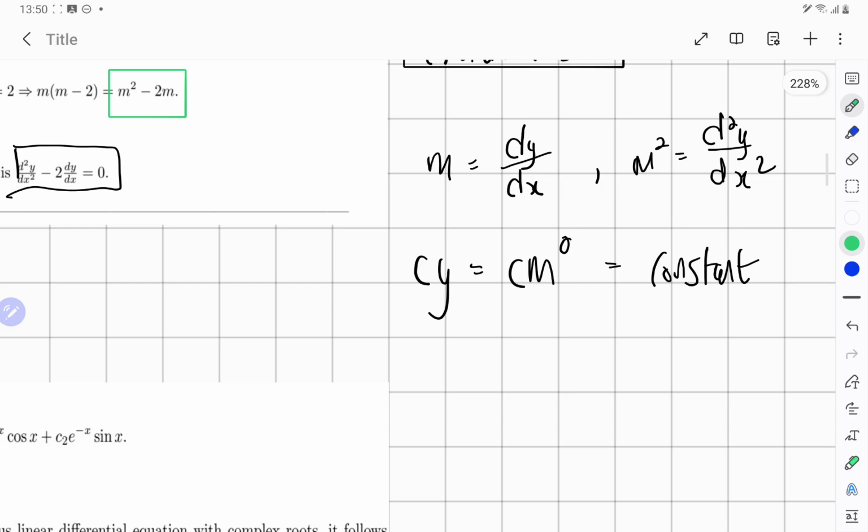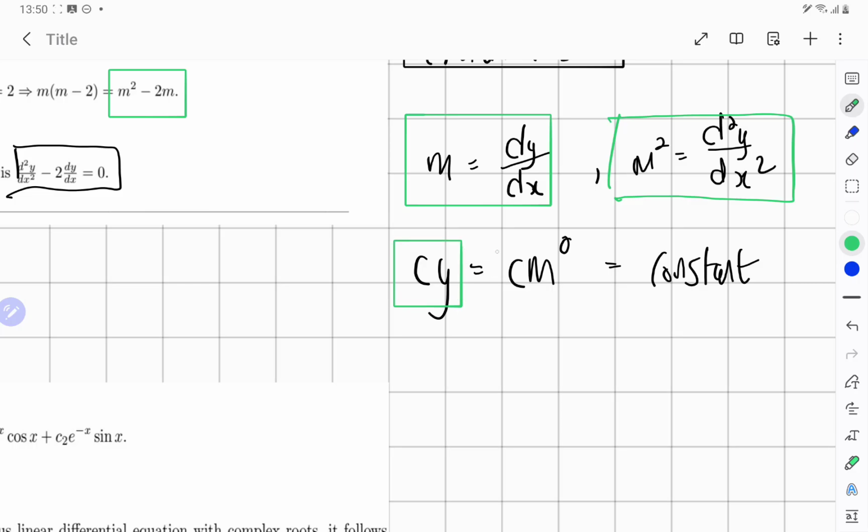Just to recap from the previous two videos, m is the first derivative, m squared the second derivative. Hence, if I just have y, there's no derivative, so it is the constant times m to the 0. It will just be a constant.